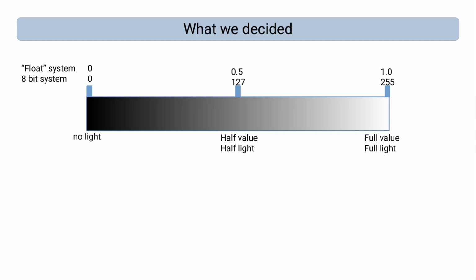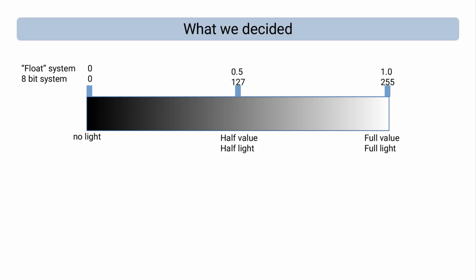In most, but not all systems, we have 8 bits for each pixel channel. So if we remember from our previous chapter, in an 8-bit system, the value can be between 0 and 255.